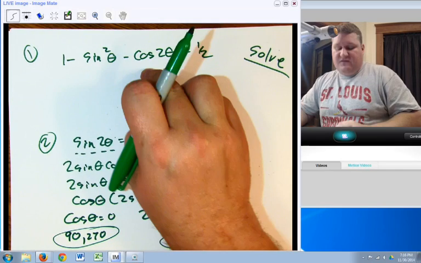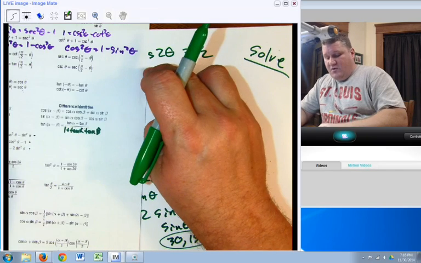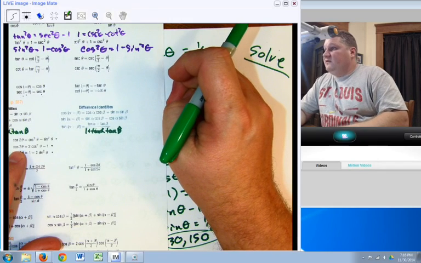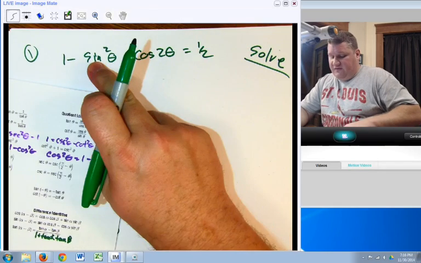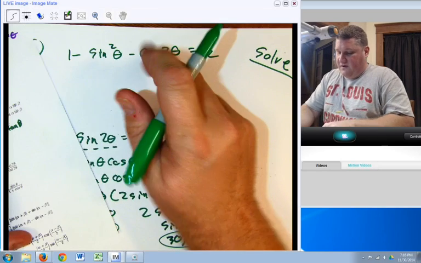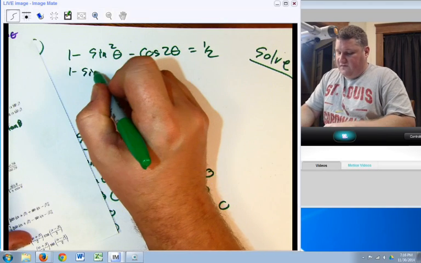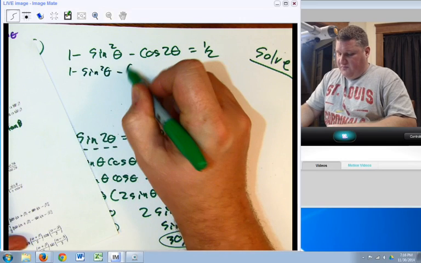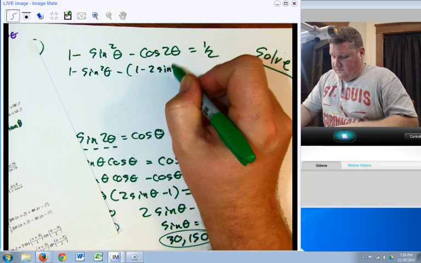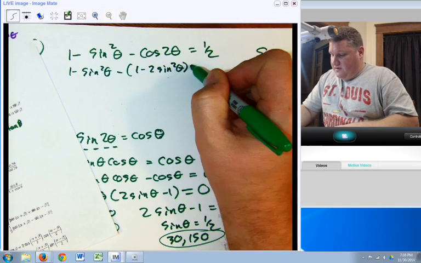The reason I didn't do this one first is because you'll remember we have multiple cosine 2 theta formulas that we can use. Now, if I have a sine squared here, why don't I change everything to sine squared? 1 minus sine squared theta minus parenthesis 1 minus 2 sine squared theta equals 1/2.